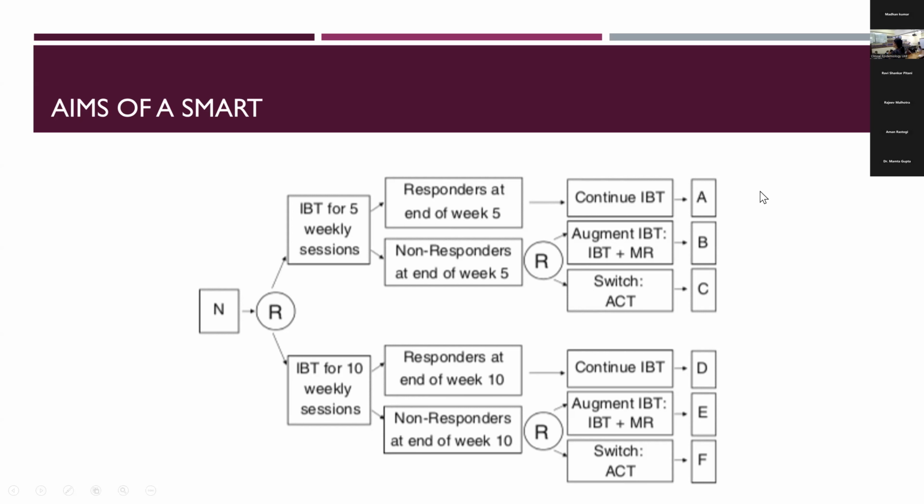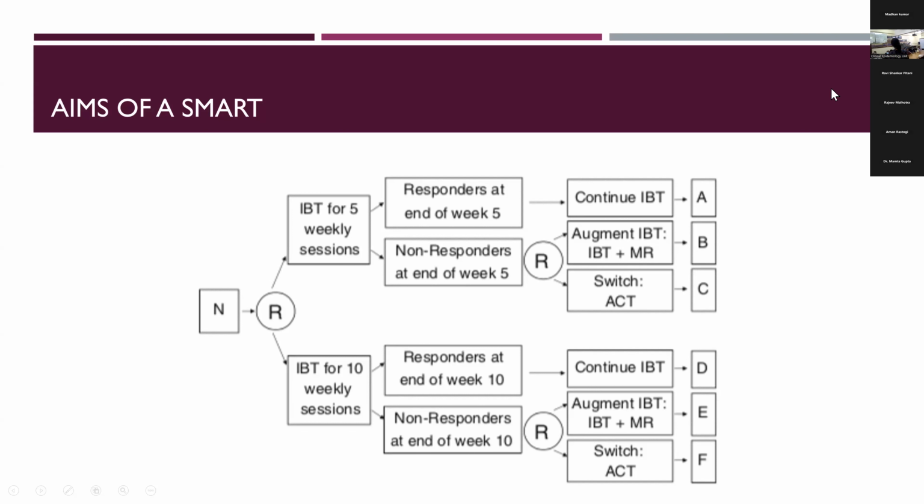So these are the dynamic treatment regimes that are embedded in each. For example, you can either get IBT, be a responder and continue down this path, you would be A. If you are getting IBT, non-responder and continuing down the IBT plus meal replacement path, it is B. Similarly, IBT, non-responder at week 5, you switch to ACT is C. And similarly like that, D, E, F. So these are the pathways down which any patient can go.